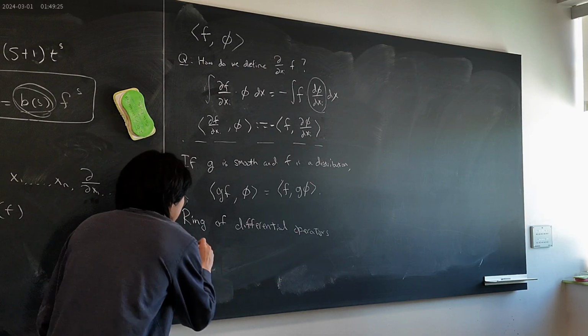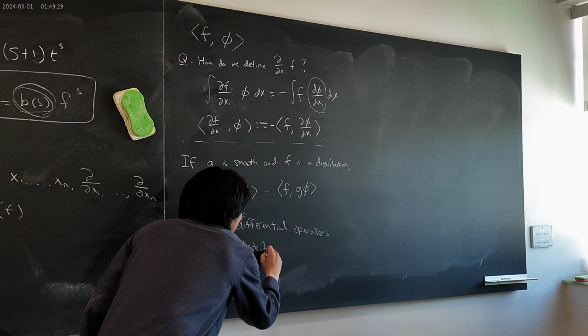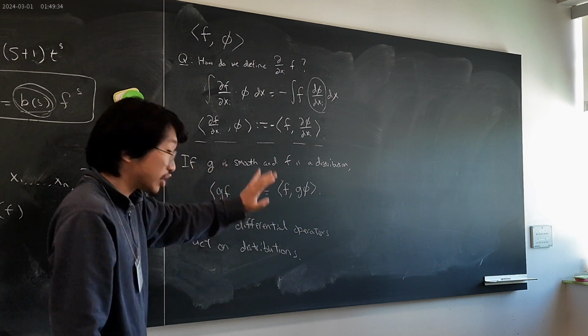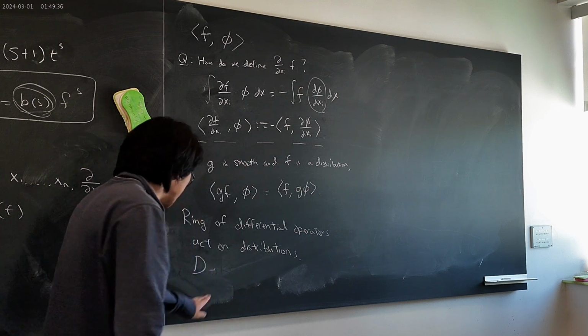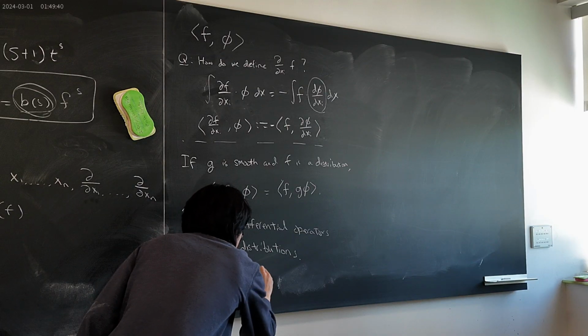Now this will act on distributions. That is to say, for any distribution, we can apply a differential operator. So if I have a differential operator d, then df makes sense. This is a distribution.